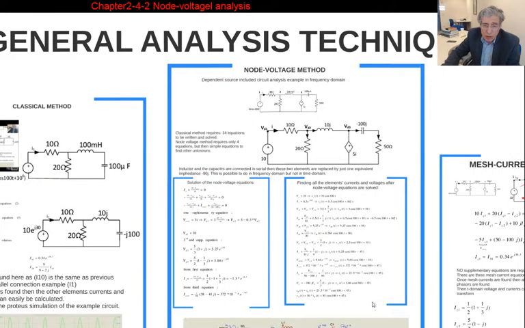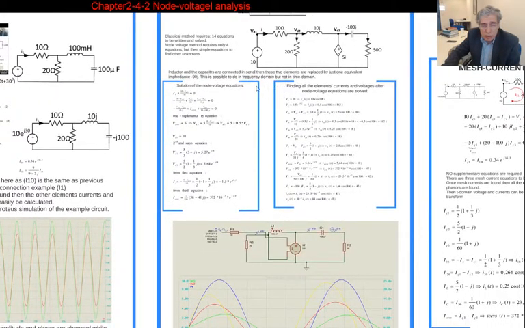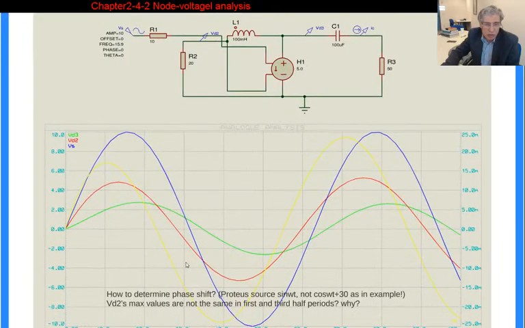This method, this calculation might take some time. Whether your calculation is true or wrong, what you're going to do is easy. Do the simulation by using Proteus, then you can check whether your calculation is correct or not.